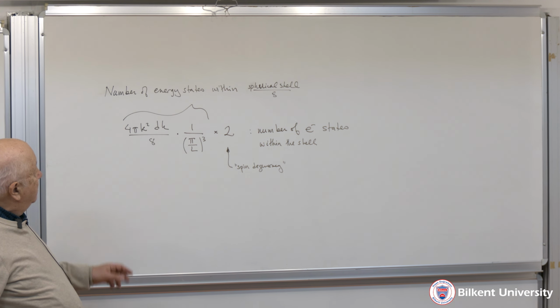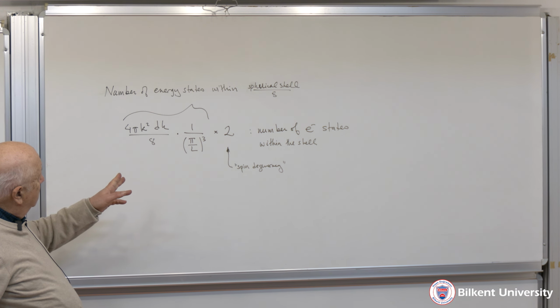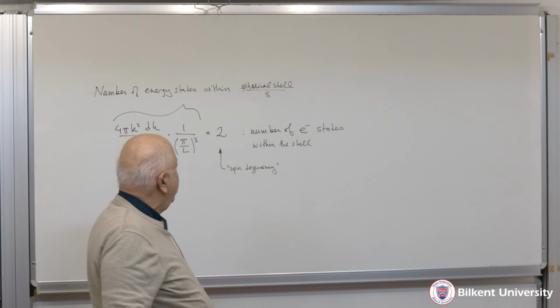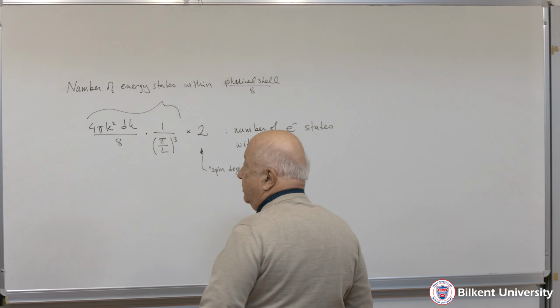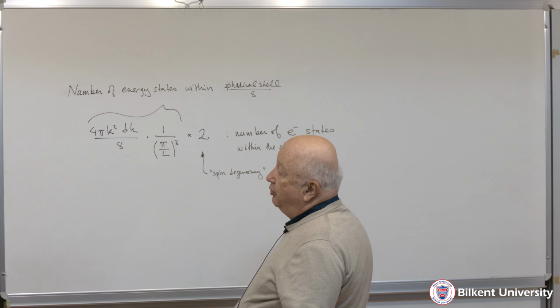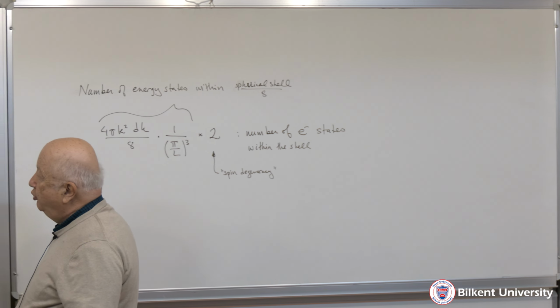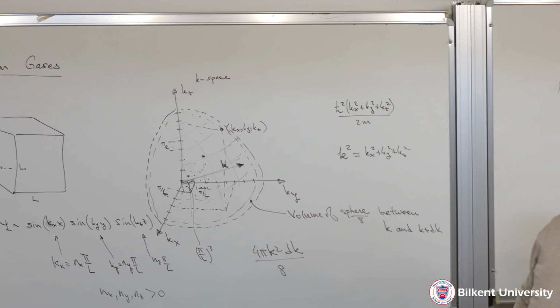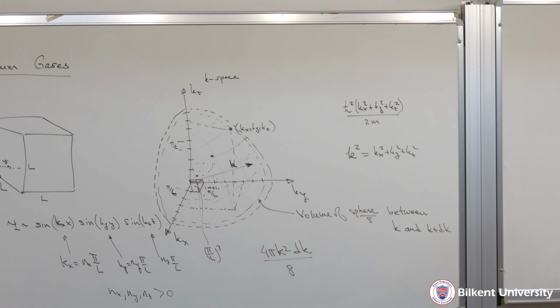All right. Now, let's then find the total number of states that you have up to a certain value of k. Let's again remember what we are trying to do. We are putting in electrons one by one into the lowest energy states.